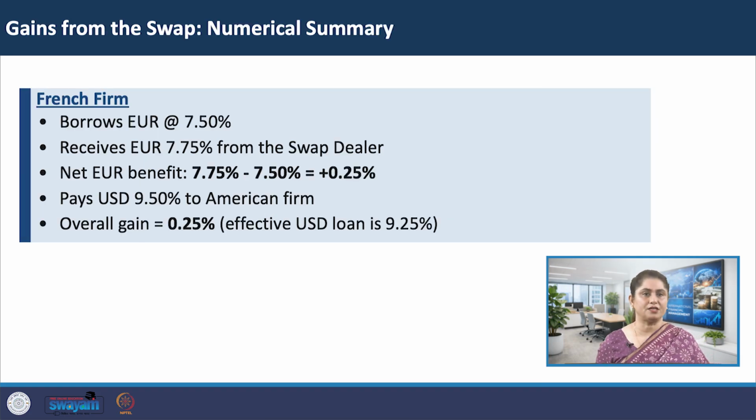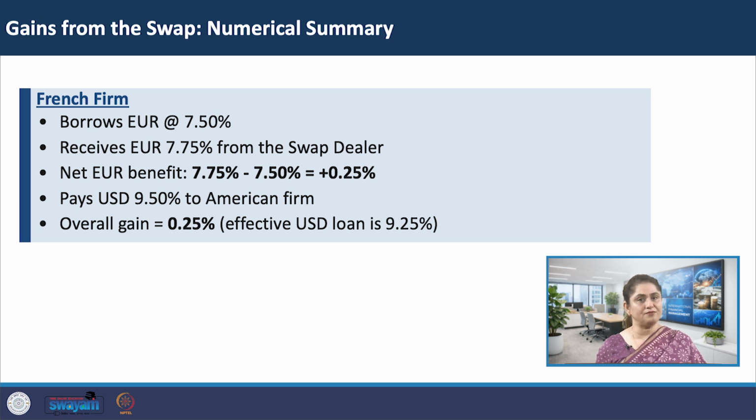Now let's calculate the gain for each party. We'll start with the French firm. Here, what does their P&L look like on the interest side of the swap? The French firm borrows euro at 7.50% from the euro lender and receives euro 7.75% from the swap dealer.